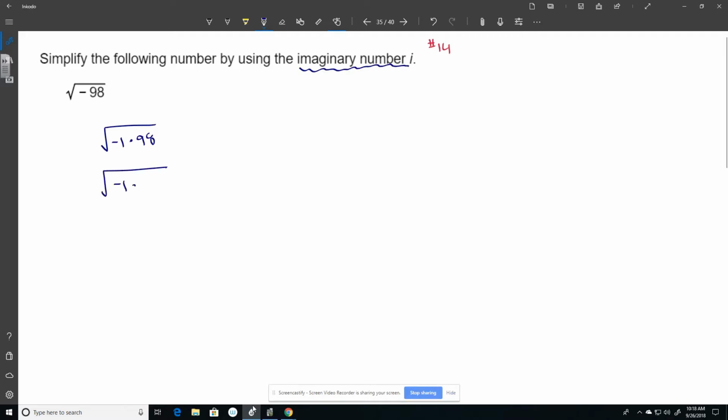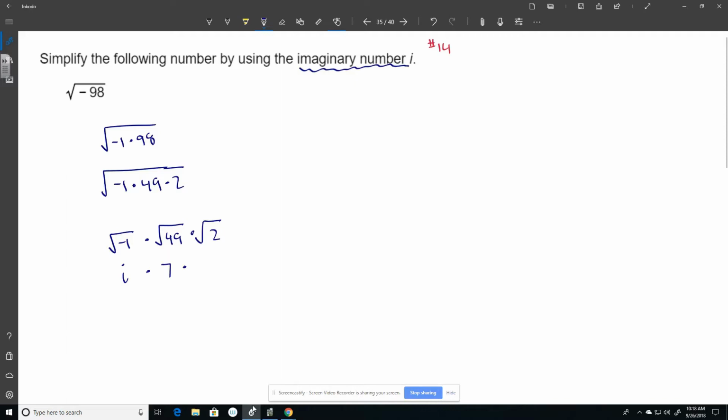Negative 1 times 98 is actually negative 1 times 49 times 2. So I'm just taking this part and I'm kind of factoring it a little bit. Negative 1 times 49 times 2 is still negative 98. So this becomes the square root of negative 1 times the square root of 49 times the square root of 2. And I know that this part is i. This part, square root of 49, is 7.